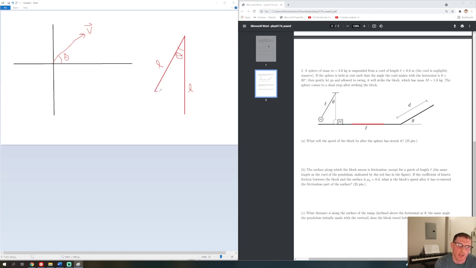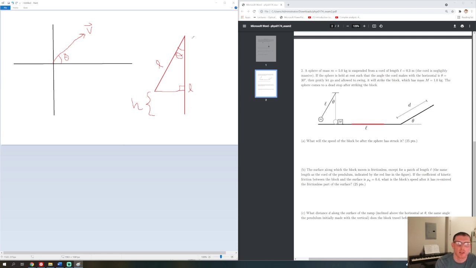I would just say, okay, let's make this into a right triangle, but it's not exactly a right triangle because this is L and this is also L. So what we do is we note that this could be, let's call it H. This height basically is what the end of the string has originally above where it finally winds up.